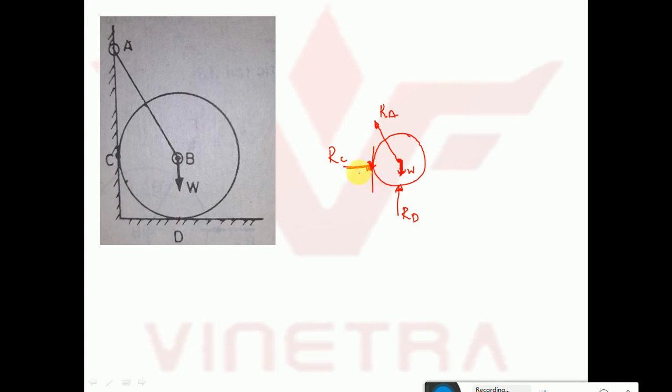This will usually act perpendicular, and in this direction also it will act perpendicular upward. And this is the angle made. The angle this string makes here is the angle of this reaction, and the weight of the ball will act perpendicularly downward, exactly downward, okay, vertical in downward direction.